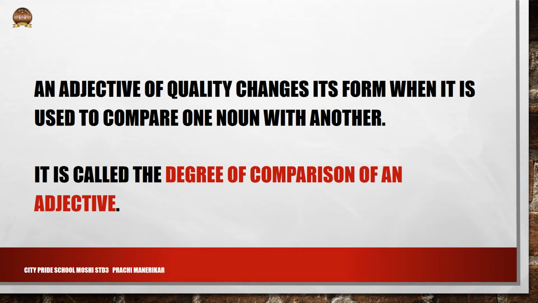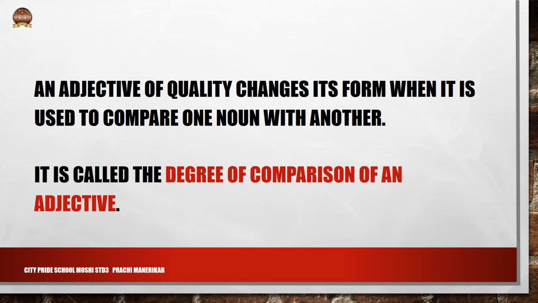Now here when we say that Ram is a tall boy, the word tall is the adjective. Then when we use it for comparison between Ram and Sham, the adjective changes its form. For example, I said Ram is taller than Sham. In the first sentence we said Ram is tall.